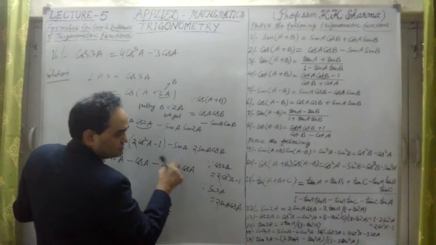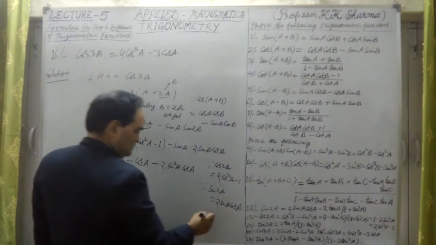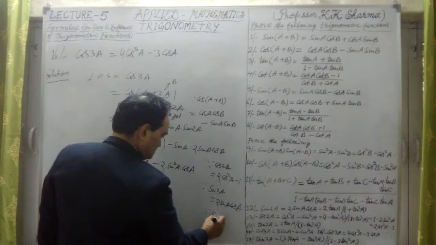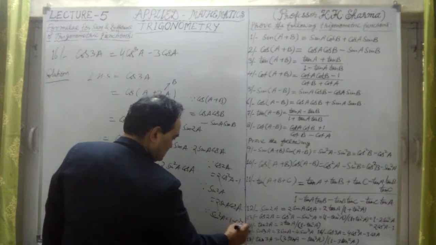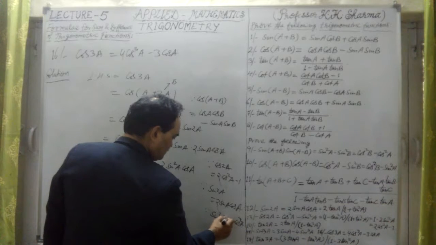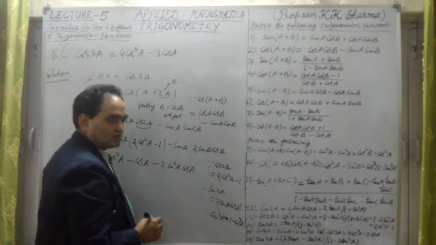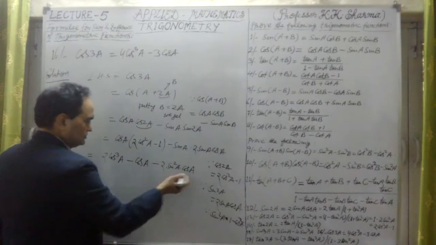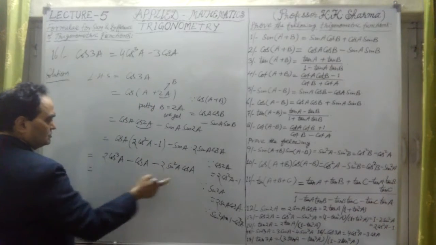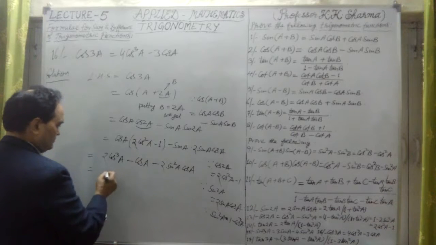But sin square a must be converted into cos only. Now sin square a is equal to 1 minus cos square a. We have to substitute this value from the first basic trigonometric identity in place of sin square a, so the whole value will be converted into cos.